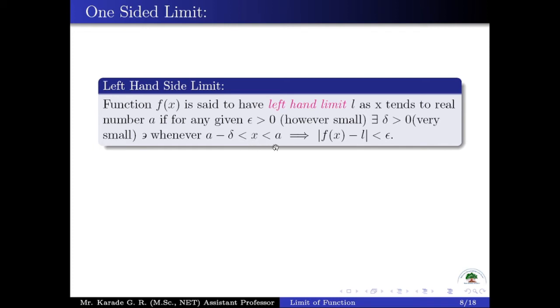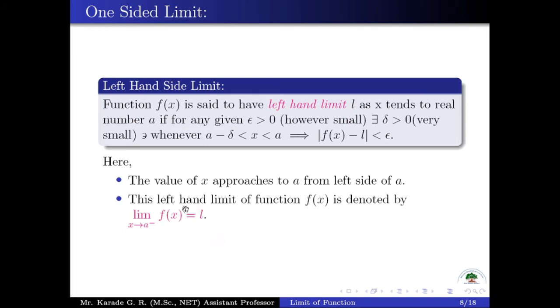So here x is approaching a from the left side of a. Whenever this happens, this must imply the distance between the values of function f of x and L is very small. Here the value of x approaches a from the left side of a.